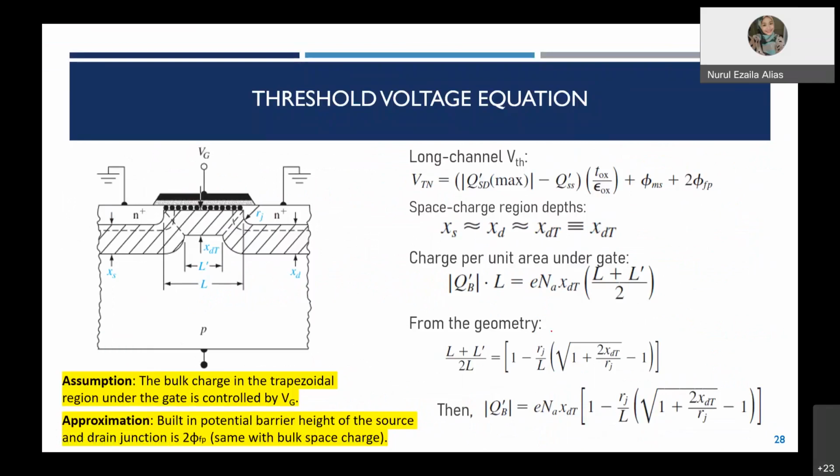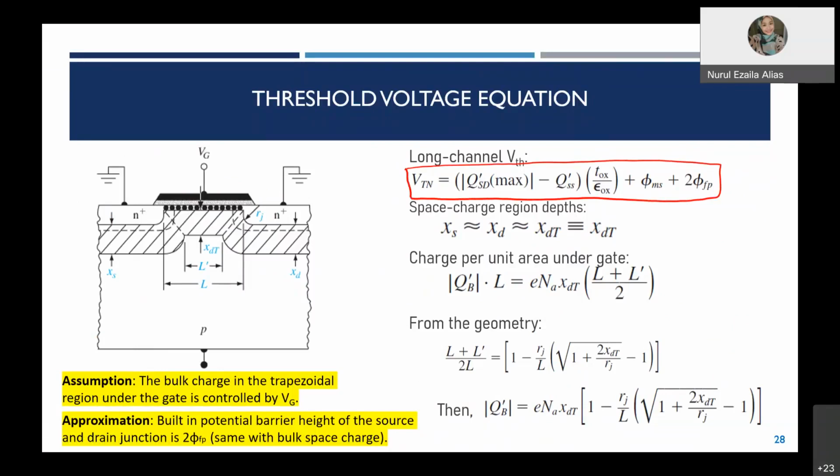So for long channel, this is the equation. We have seen this equation and used it in the tutorial and also in the example. So the threshold voltage depends on QSD.